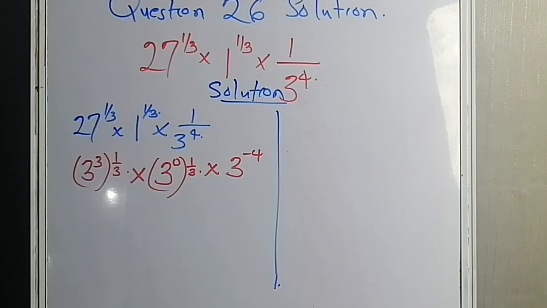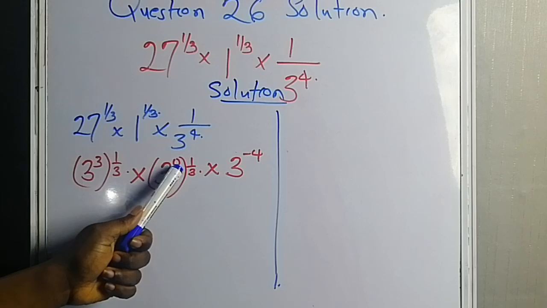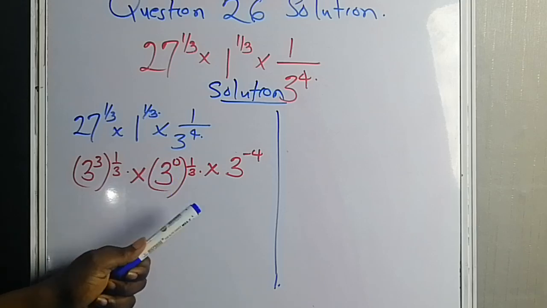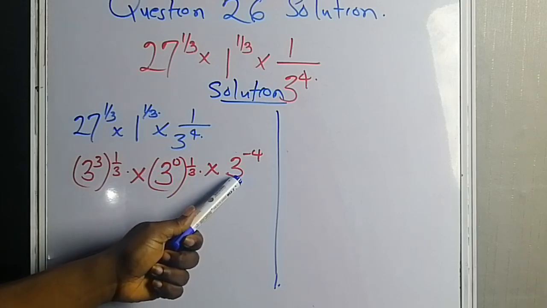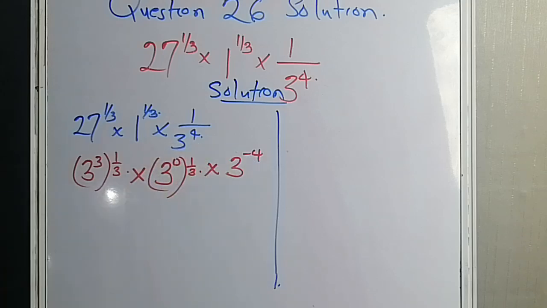Please go through the parts, listen to them, digest them. It will help you to touch base with a lot of questions. Now I've applied the power zero law here, and I've also applied the index law here. 1 over 3 raised to power 4 is the same as 3 raised to power minus 4.